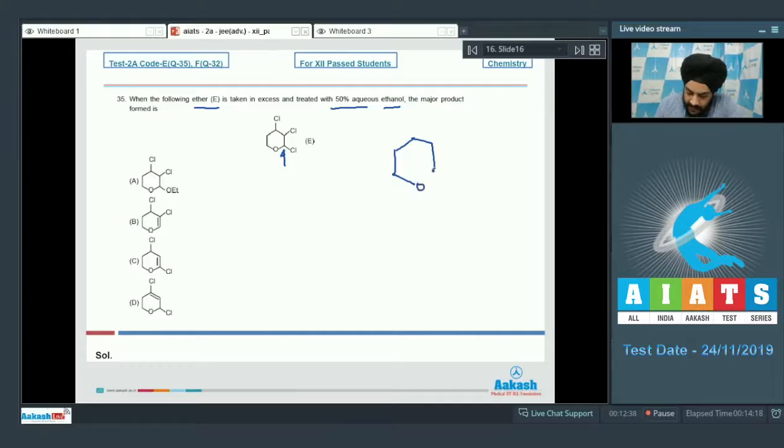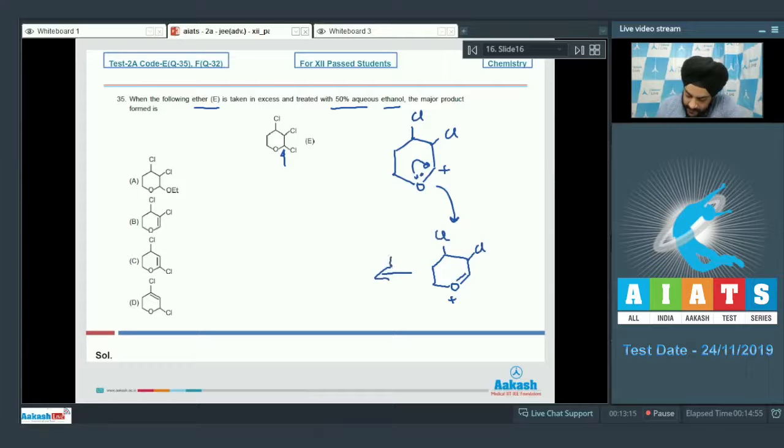So the lone pairs over oxygen are going to stabilize this carbocation which is formed. So this carbocation shall be formed out of the given 3 possibilities, and which will lead to the formation of this structure.